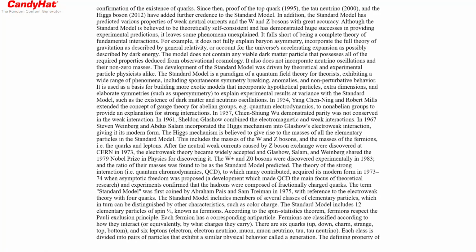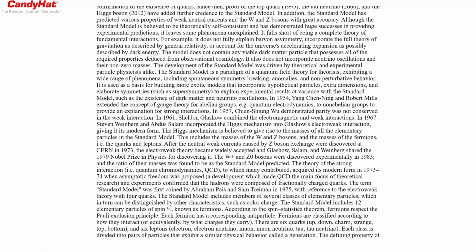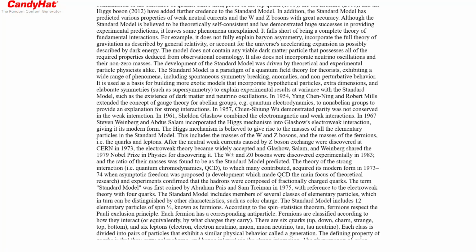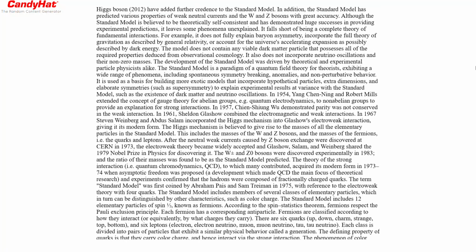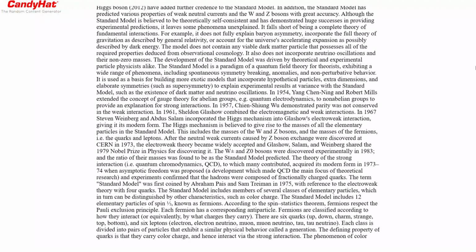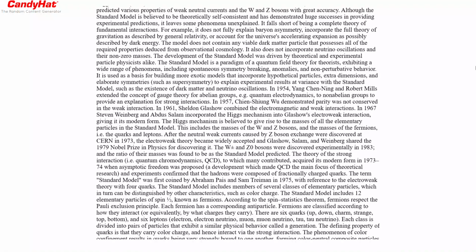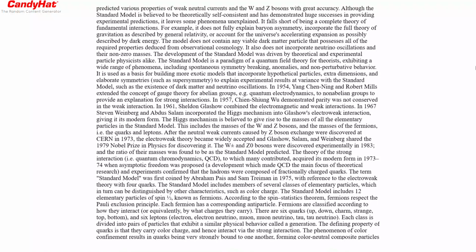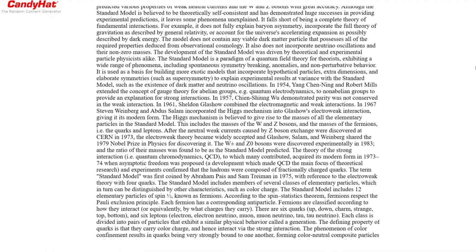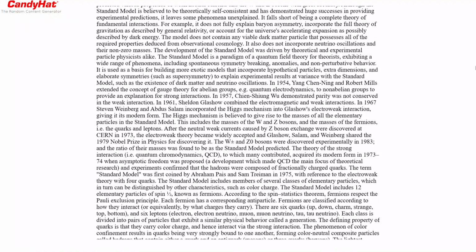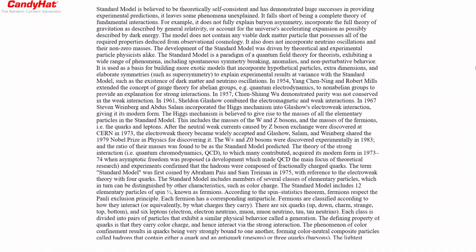The Standard Model includes members of several classes of elementary particles, which in turn can be distinguished by other characteristics, such as color charge. The Standard Model includes 12 elementary particles of spin 1/2, known as fermions. According to the spin statistics theorem, fermions respect the Pauli exclusion principle.